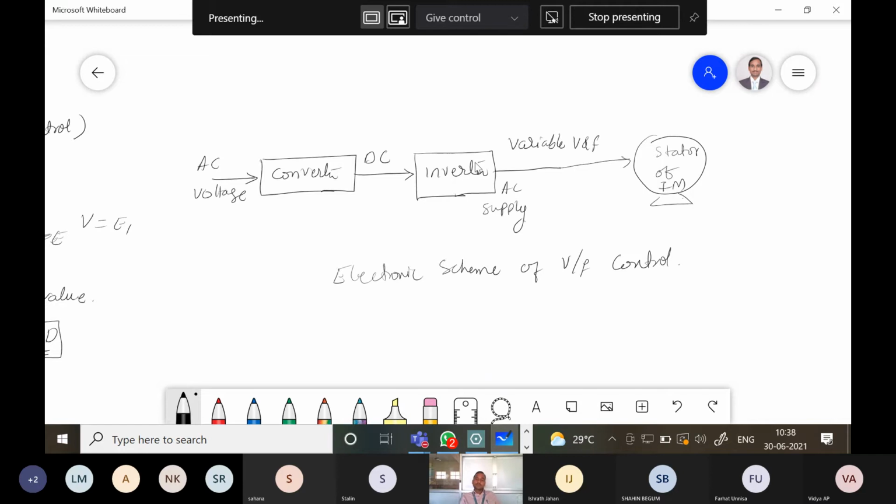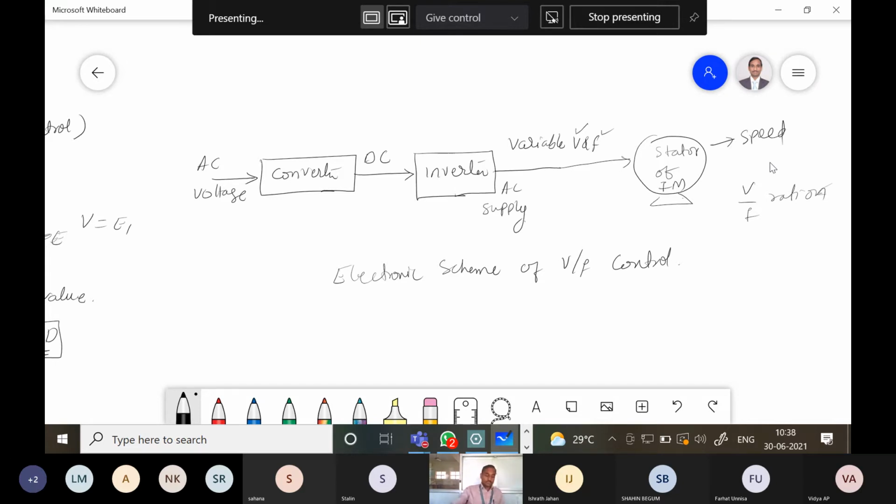In this control we are varying the voltage and frequency with the V by F ratio constant. In constant V by F, we vary both voltage and frequency, maintaining the ratio constant. Then we can control the speed of the induction motor.